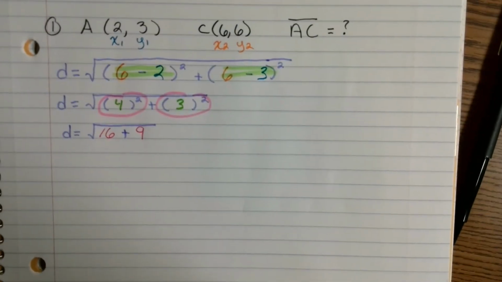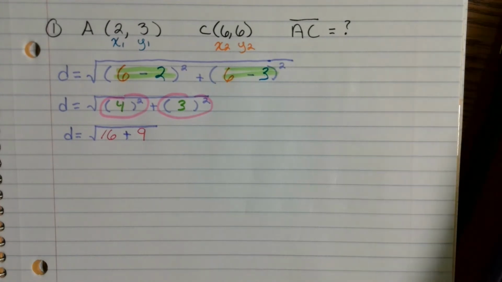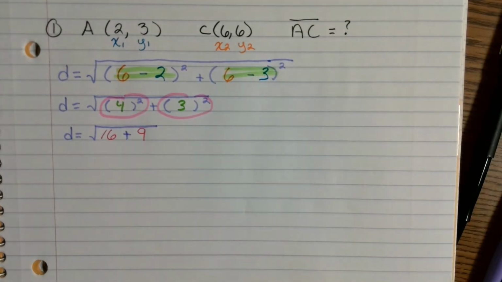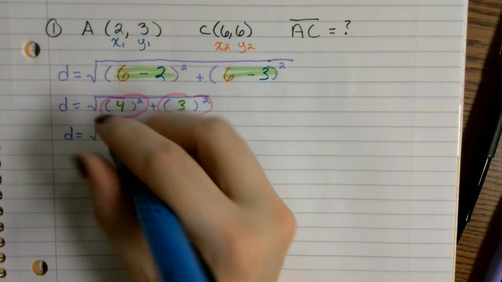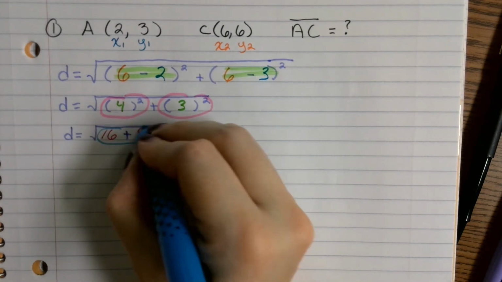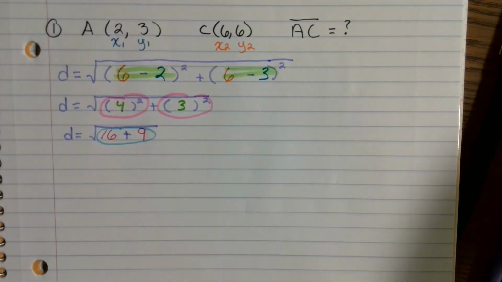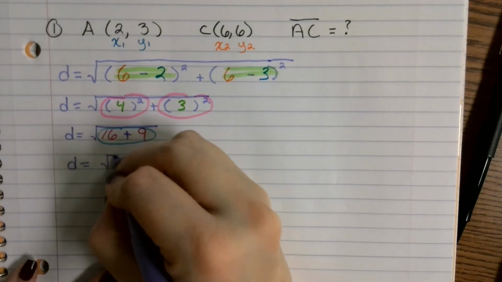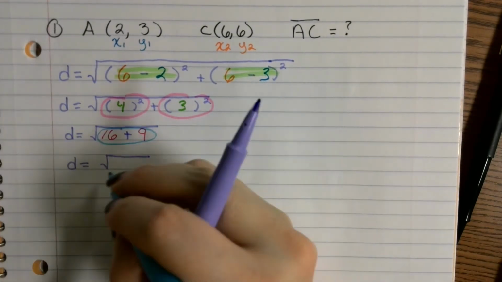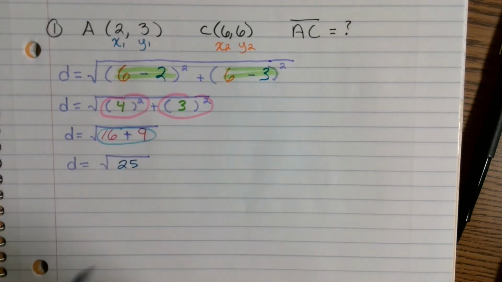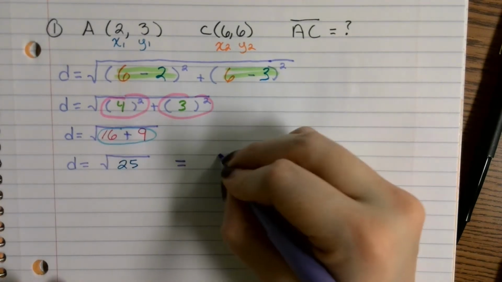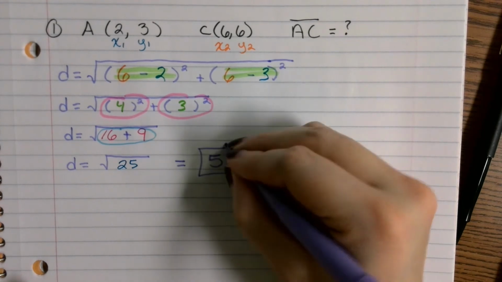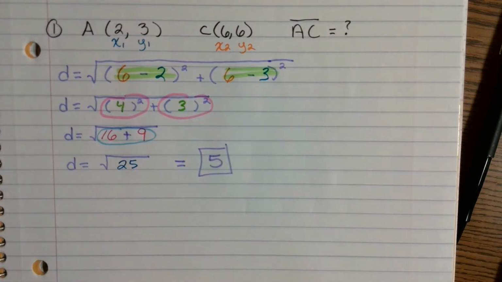Now, do I square root first or add first? Add. You have to add first. Remember, you can only take the square root of a single number, not a problem. So now we get D is equal to the square root of 25. And what's the square root of 25? 5. So the value of the line segment is 5 units.